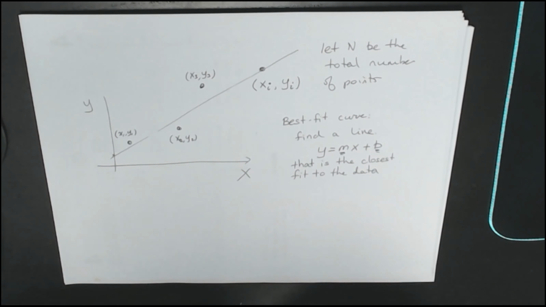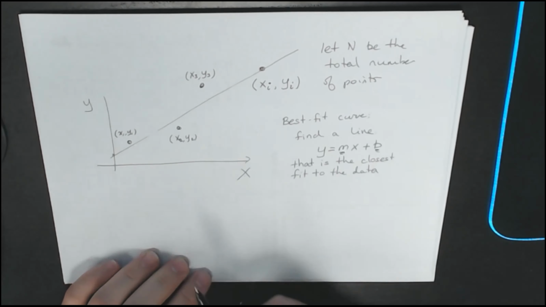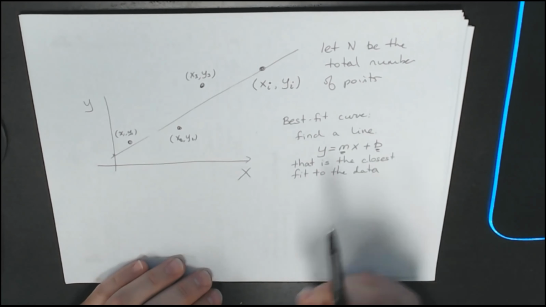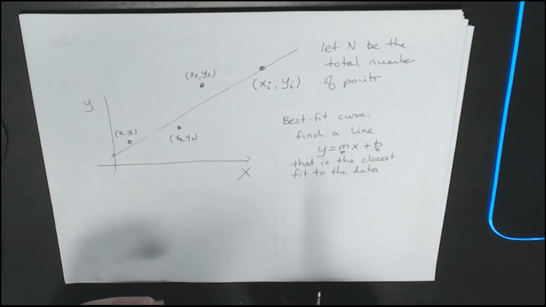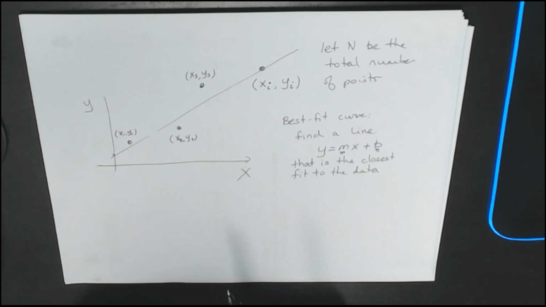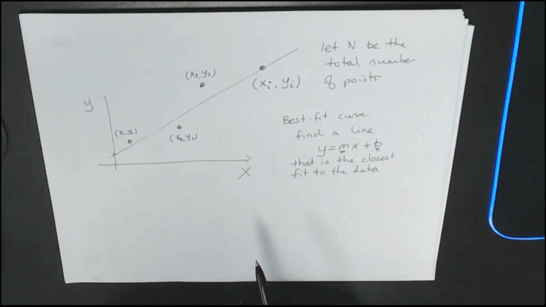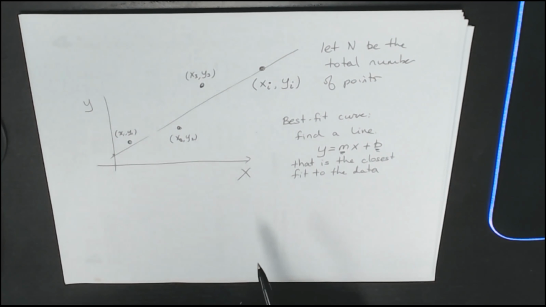When we talk about a best fit or a regression line, we're choosing the m and the b in a way that minimizes some kind of error. In this discipline, which is part of statistics about regression analysis, the error we want to reduce is the distance from each one of these points to this line.